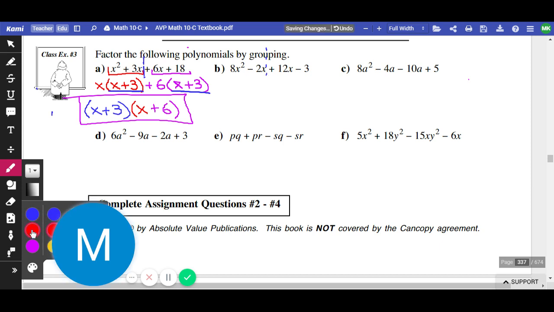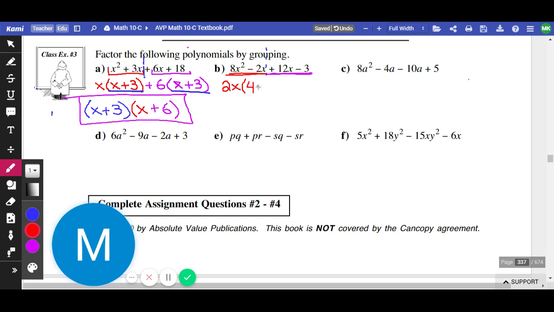And what I'm doing is I'm creating 2 sides. In my case, I call it the red side and the purple side. On each individual side, I could do a GCF. So if I look at the red side, I could GCF out a 2x. If I GCF a 2x out of the red side, 8 divided by 2 is 4.